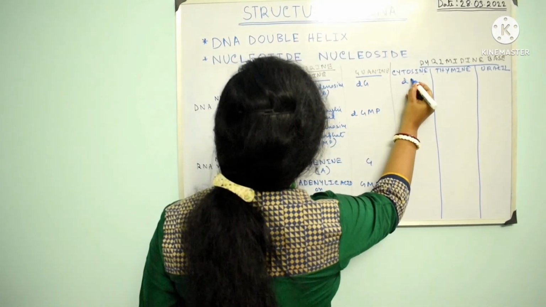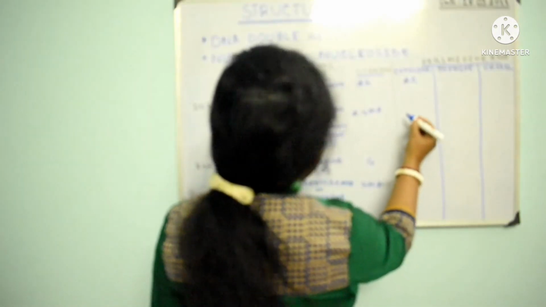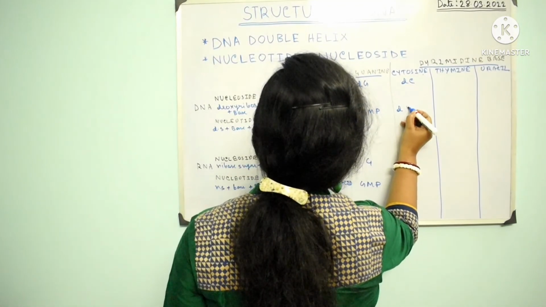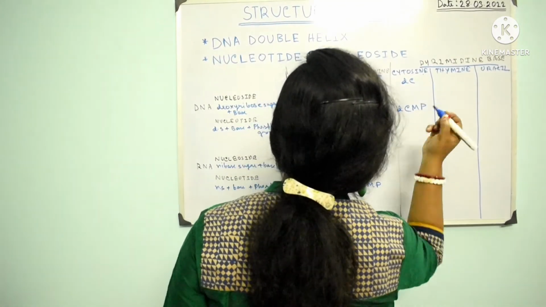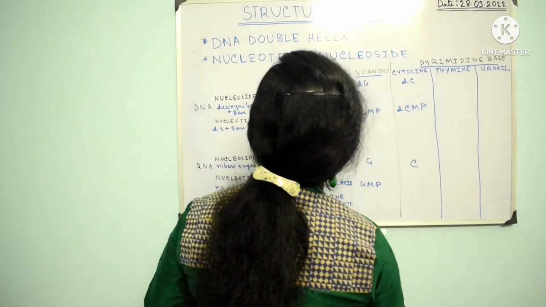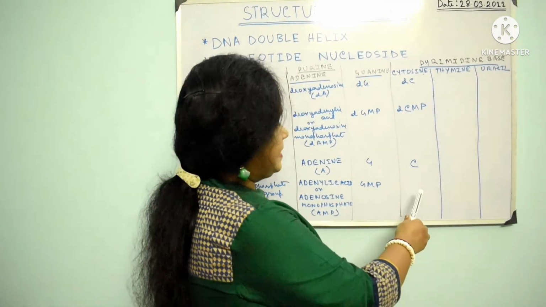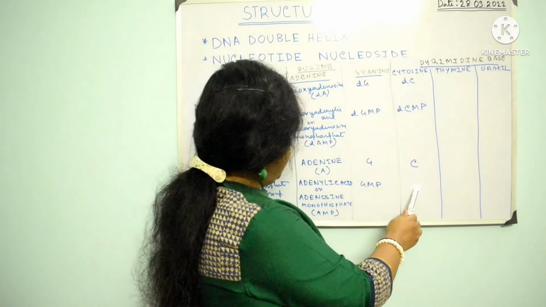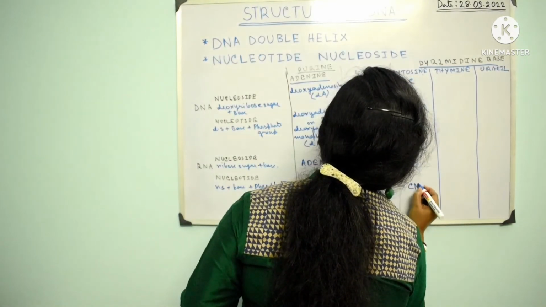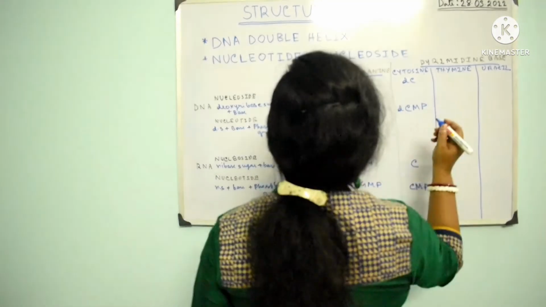Deoxycytidine or dC here, and deoxycytidylic acid or deoxycytidine monophosphate, and here cytidine and cytidylic acid or cytidine monophosphate or CMP. It's about cytosine.